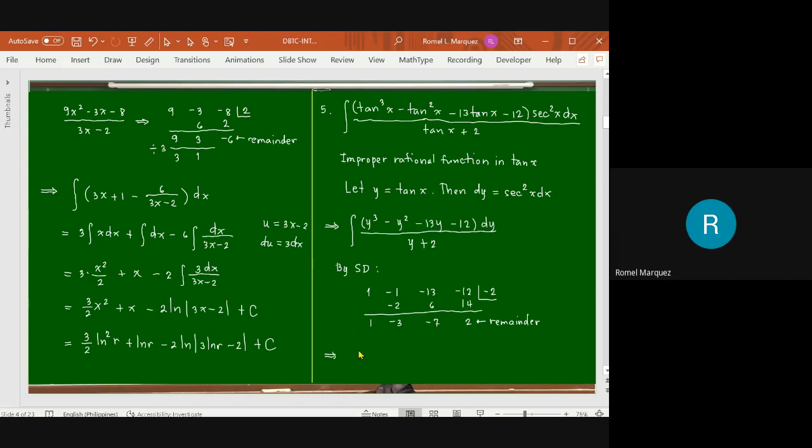So the integral now becomes the integral of y squared minus 3y minus 7, plus 2 over y plus 2, quantity dy. Okay, guys?